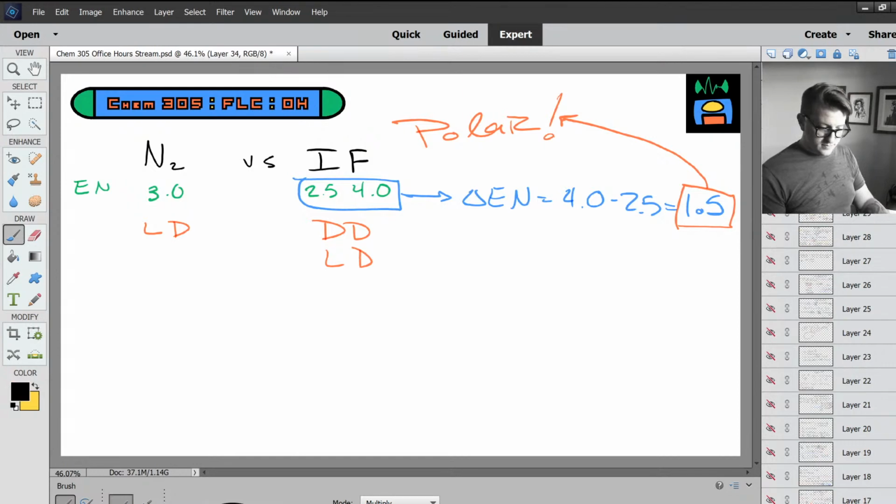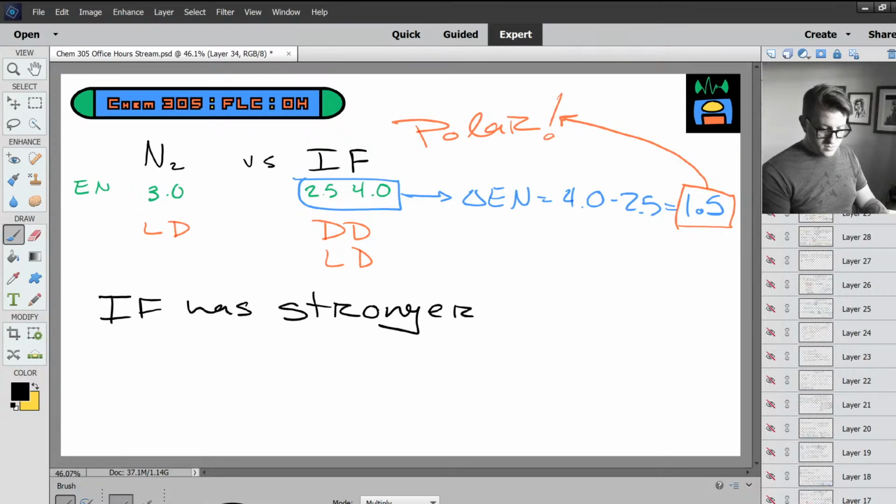So IF has stronger intermolecular forces because of dipole-dipole.